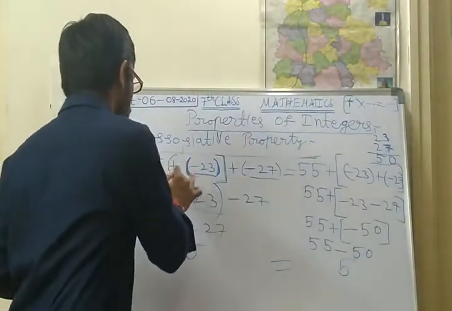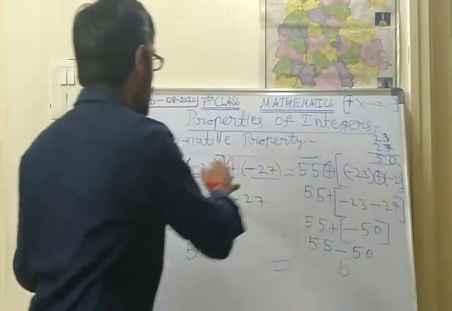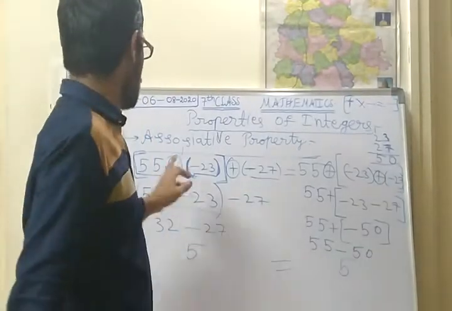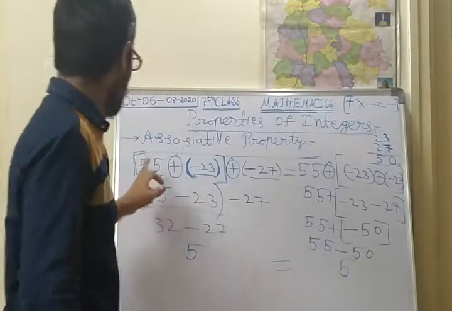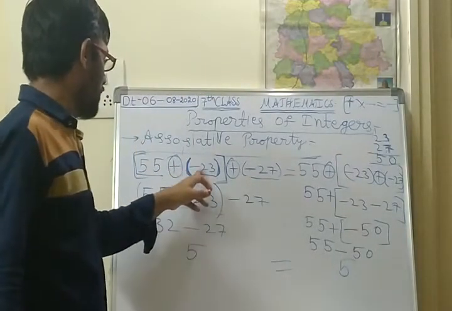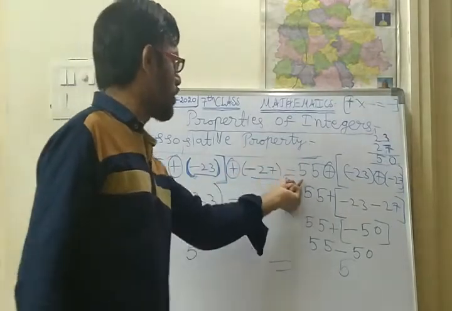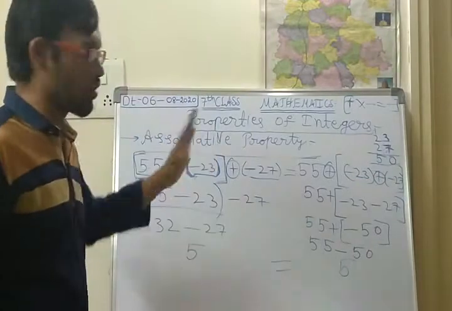So under addition only, we are taking addition only. But if negative integers came, the symbol may change. But actually we are taking addition only. Okay, A plus B plus C is equal to A plus of B plus C. Like that you have to identify.